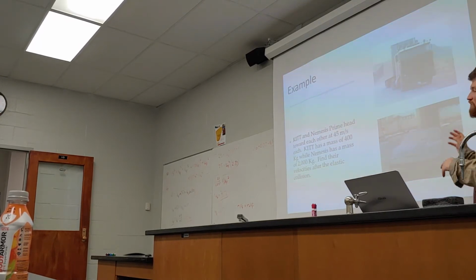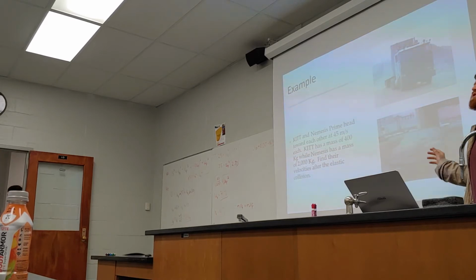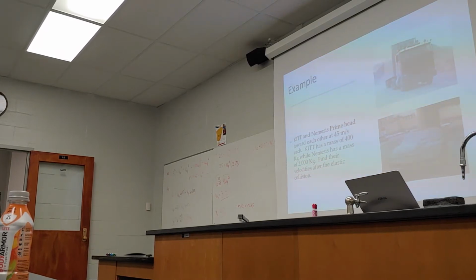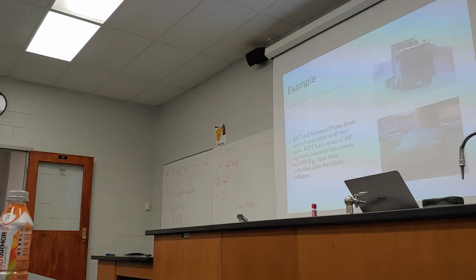So, ultimately though, the point is two separate cars are driving towards each other. And they have two different masses, but they have the same initial velocity. Normally, car crashes are designed to be inelastic. You want a car crash to be inelastic, but for this one, we're just going to assume that it is perfectly elastic just to see what happens.